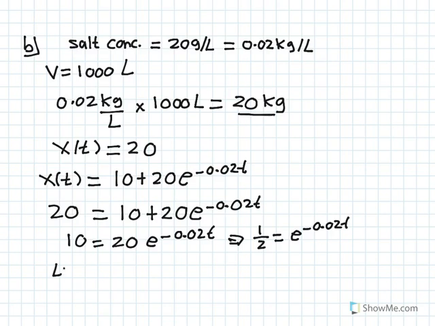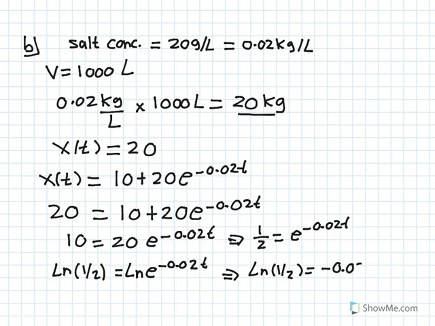Log both sides, and we get log of 1/2 is equal to log of the right-hand side, log of an exponential. Log cancels e, so we get log of 1/2 is equal to negative 0.02t.